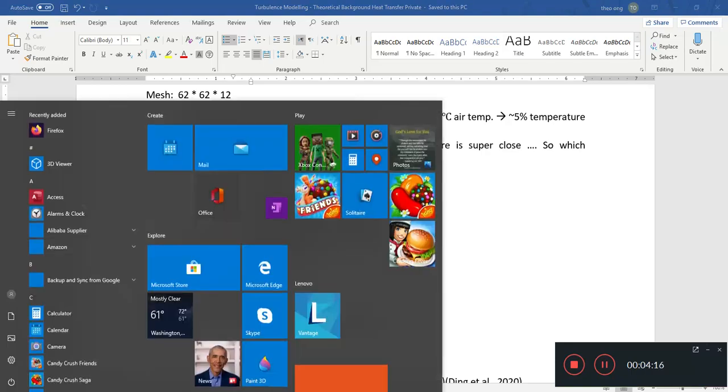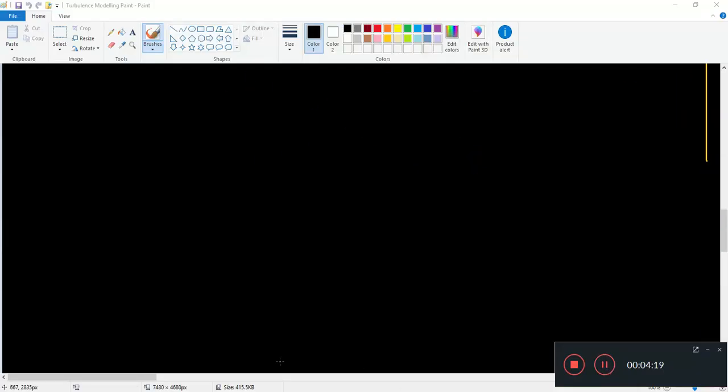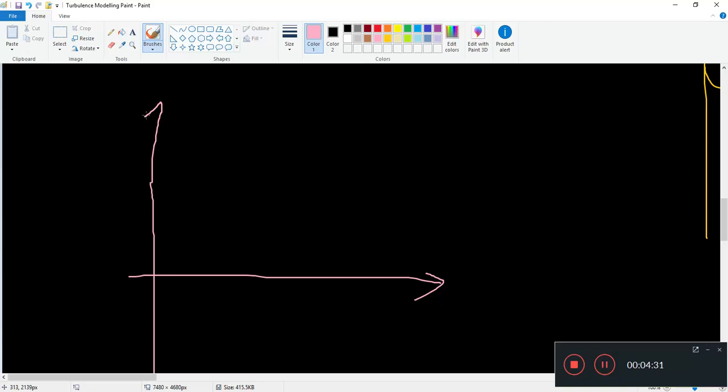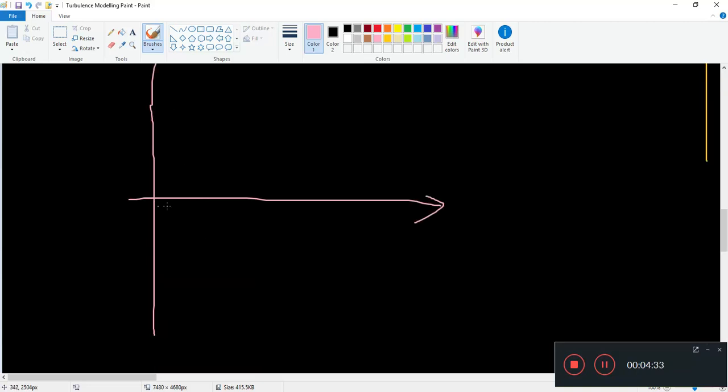What do I mean by that? Let me get my paint out. Okay, I get my trusty paint. So we have a situation like this. For example, you have a natural convection case, and let's say you have a hot wall and a cold wall.